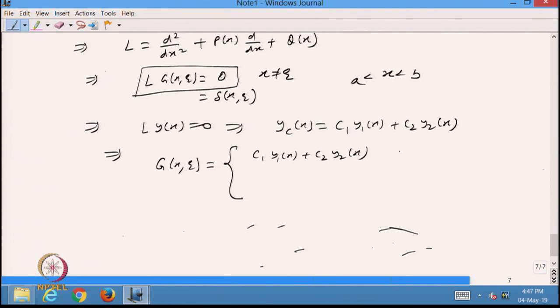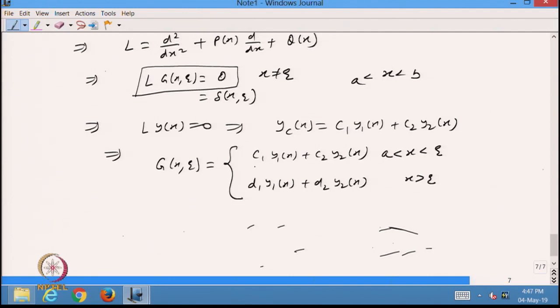So, this one I can say is when x is less than xi, and another one I take d1 y1(x) plus d2 y2(x), and this is the case when x is greater than xi. Because at x equal to xi this will be infinity, so we are not interested. So, this is the corresponding Green function we are able to define.